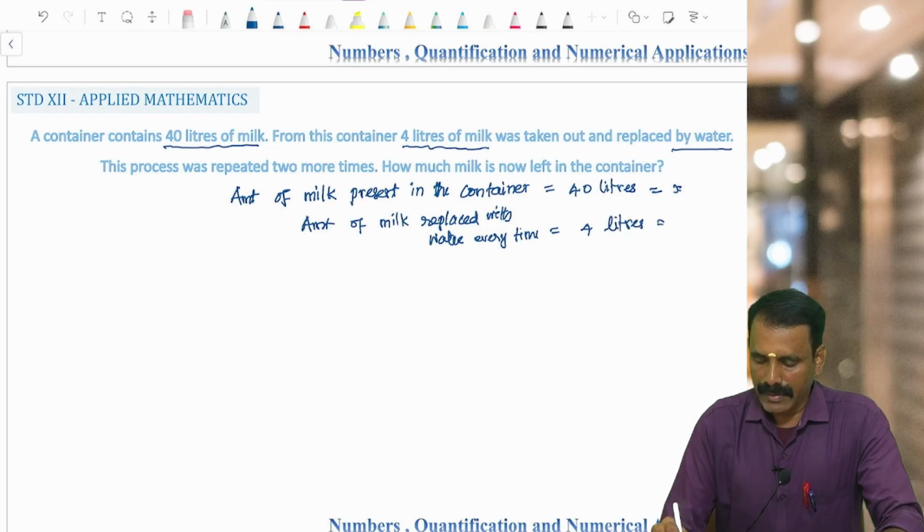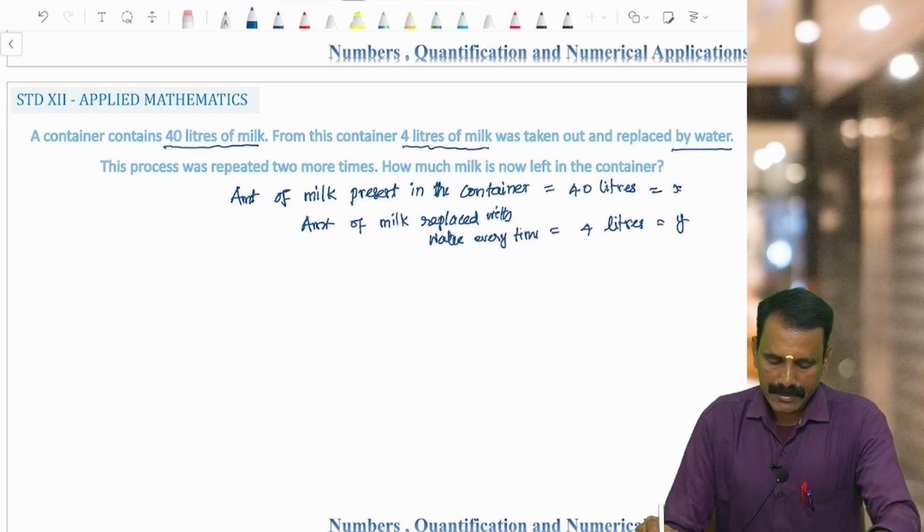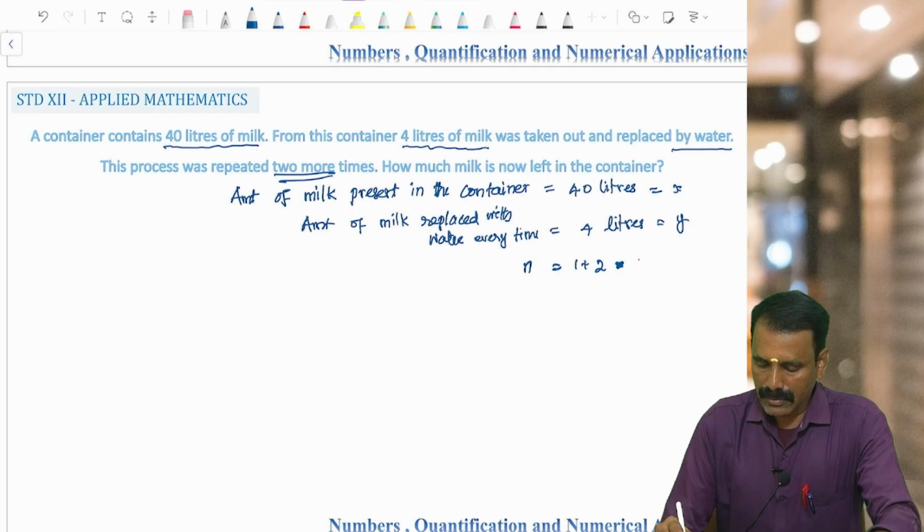We take this as Y. And this is going to be repeated how many times? N is going to be, once we did it, and we are going to do 2 more times, so it is 1 plus 2, that is equal to 3.